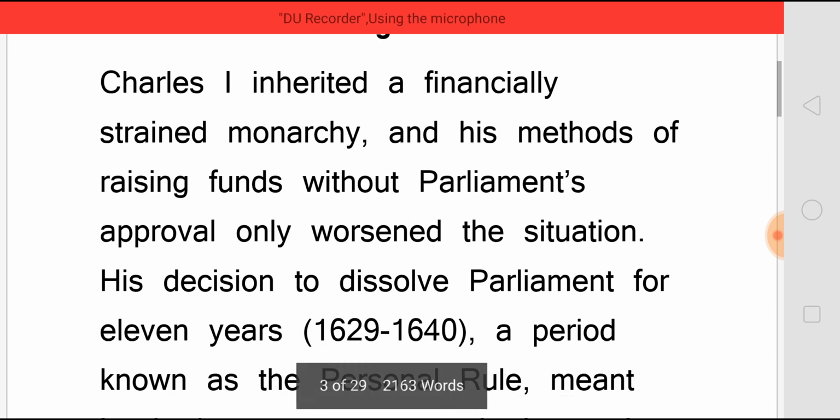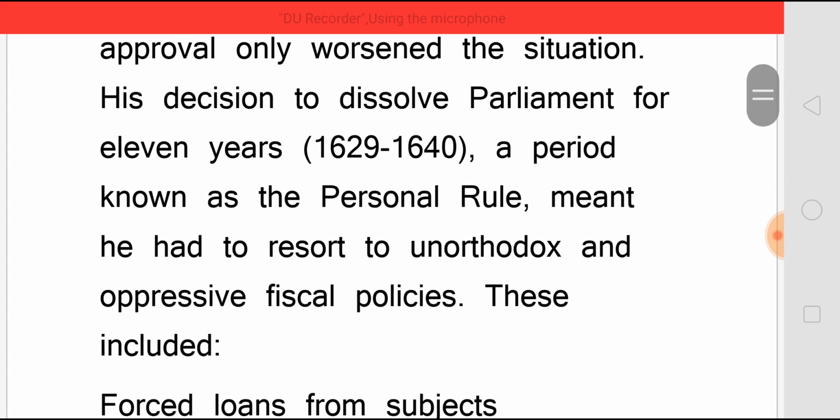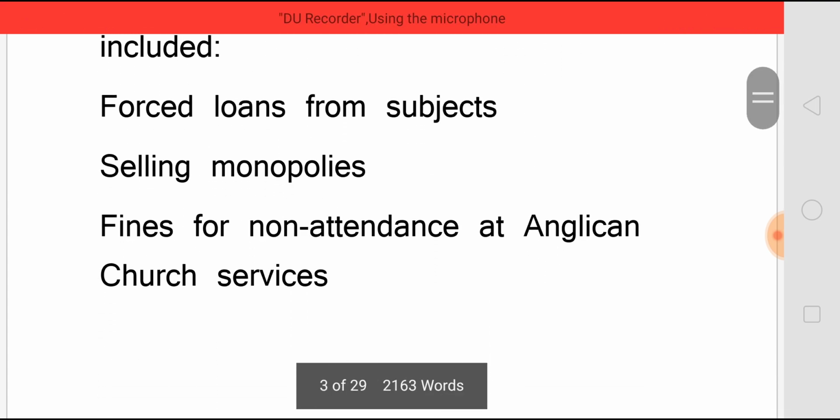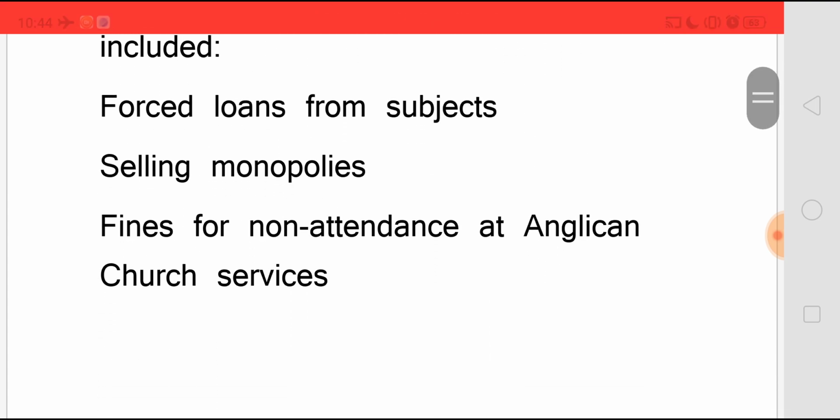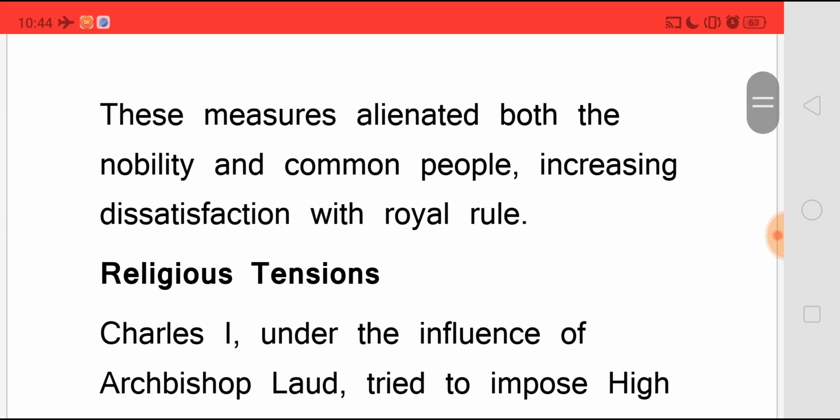And his decision to dissolve the parliament for 11 years, that is from 1629 to 1640, a period which was known as the personal rule, meant that he had to resort to unorthodox and oppressive fiscal policies. These policies included forced loans from subjects, selling monopolies, and fines for non-attendance at Anglican church services, and these measures alienated both the nobility and the common people and increased dissatisfaction with royal rule.